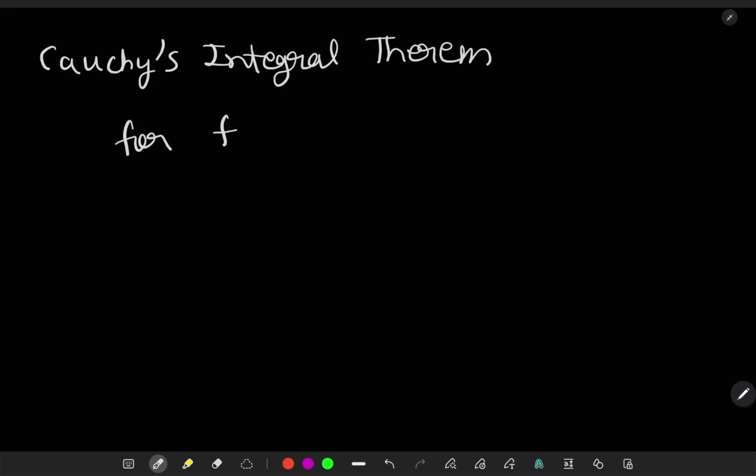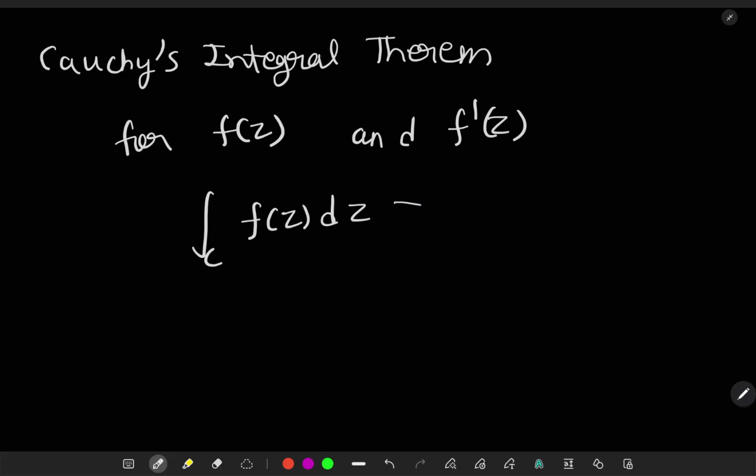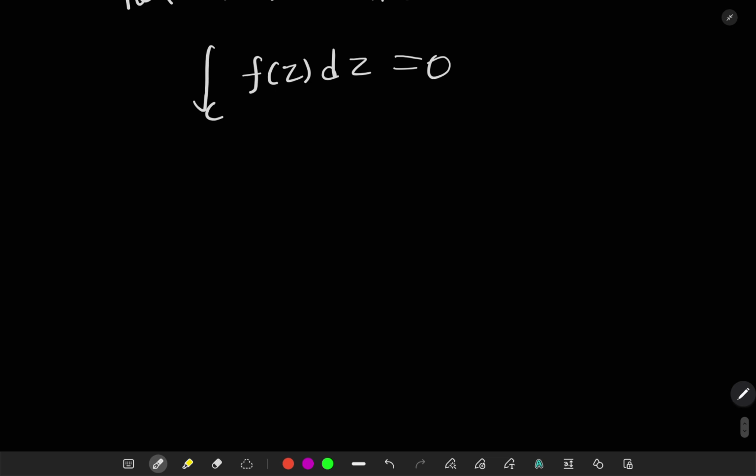For a function f z which is analytic, and its derivative f dash z is continuous at all points inside a simple closed curve, let's say c, then the integral of f of z dz equals 0. Let's do a question on the Cauchy integral theorem.